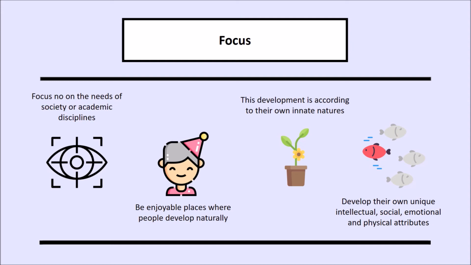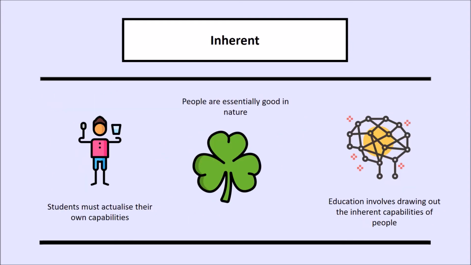And they develop their own unique intellectual, social, emotional and physical attributes. When we look at this, it's more about bringing out the inherent intellect within students. Students must actualize their own capabilities, and people are essentially good in nature, they believe. And education involves drawing out the inherent capabilities of people.